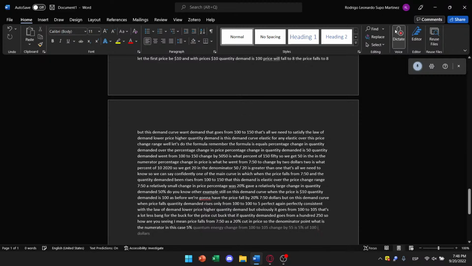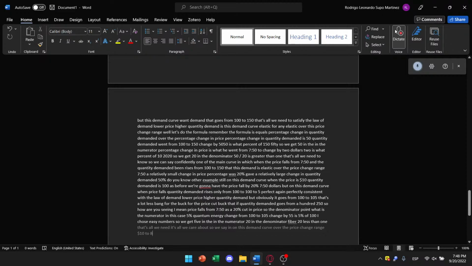So we get 5 in the numerator, 20 in the denominator. 5 over 20 is less than 1. That's all we care about. So we say on this demand curve, over the price change range, $10 to $8, this demand is inelastic over that price change range.